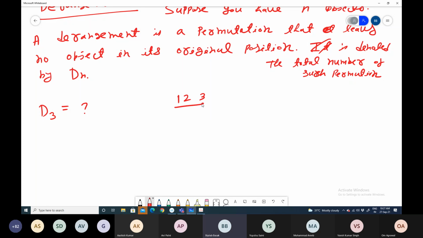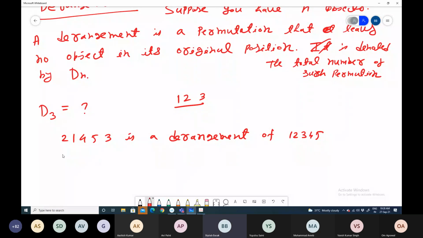Or okay, first of all, I should tell you. What is a derangement of 1, 2, 3, 4, 5? Say 2, 1, 4, 5, 3. This is a derangement of 1, 2, 3, 4, 5. You can see that this is a permutation of this one, but no element is in the original place.